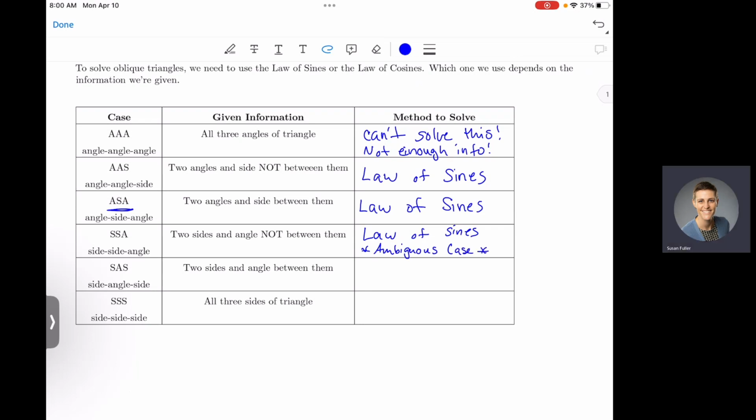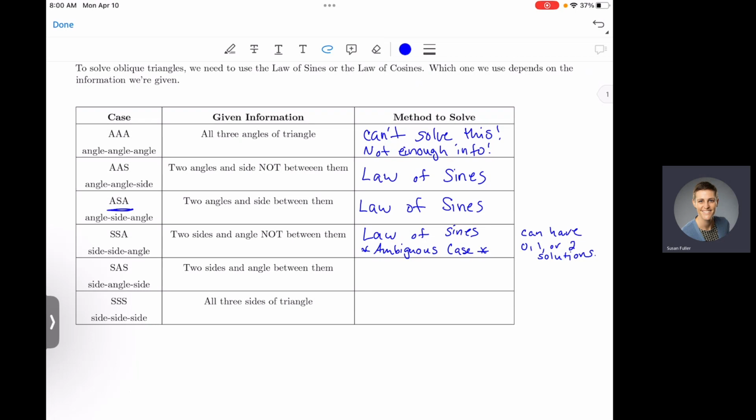We're going to solve this with the law of sines, but we can have 0, 1, or 2 solutions here. And again, we'll talk about that hopefully at the end of the video today. I'm hoping to make it to that point, and we'll figure out why the ambiguous case is what it is. But we'll use the law of sines for that as well, but we call that the ambiguous case because we can have 0, 1, or 2 solutions depending on the information that we have.